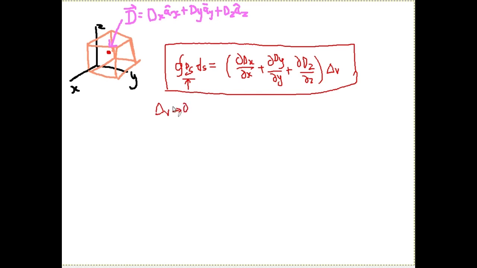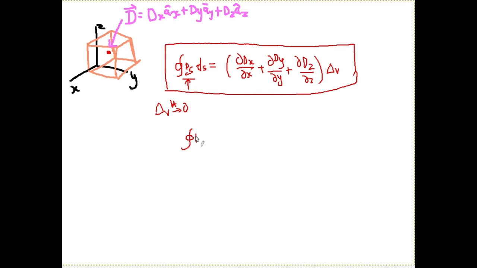If I apply the limit, delta v, that's a volume, has to tend to zero, that means it should be as small as possible. I cannot take a bigger volume, so that I can calculate the value. If that is the scenario, I can rearrange this equation.